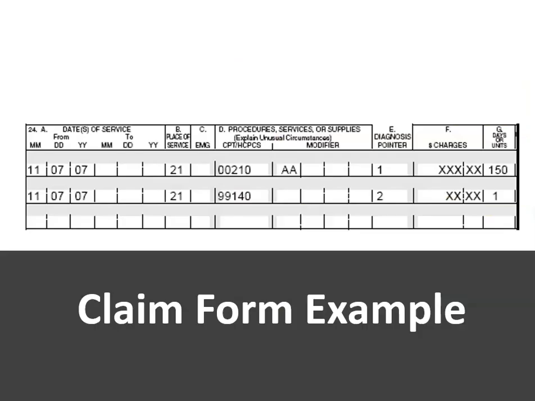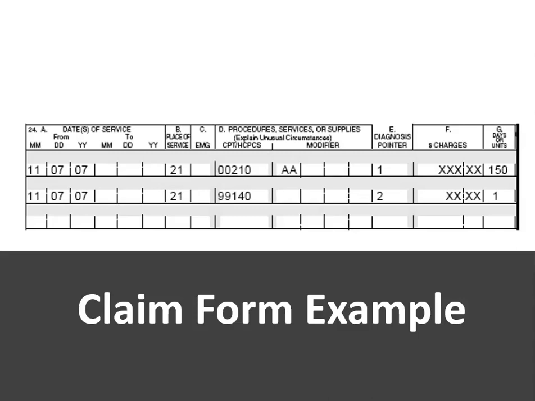So speaking of claim form, here's an example of the CMS 1500 claim form. This is the claim form that is utilized by the provider. And what I want to note is you'll notice that the first line item is the anesthesia code 00210, and then there's that modifier AA.